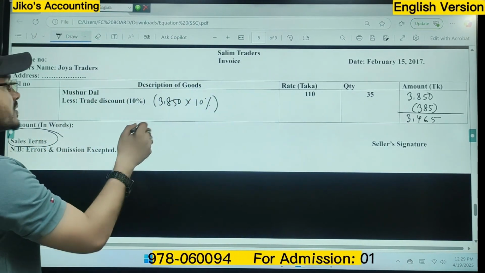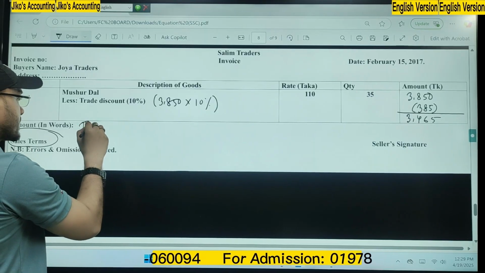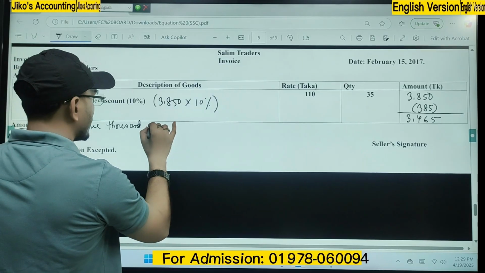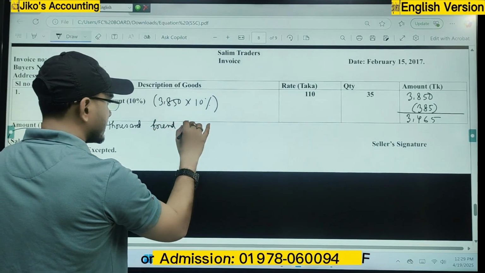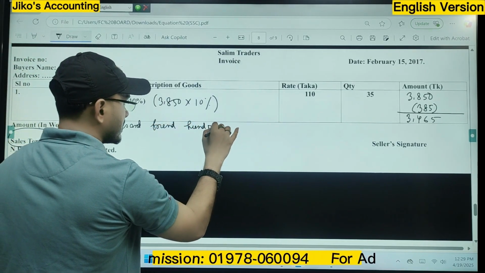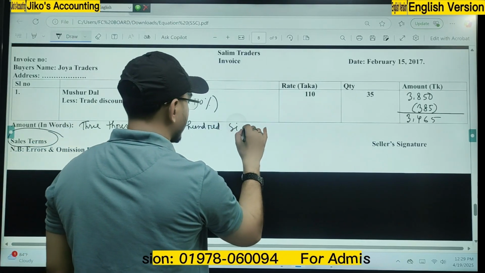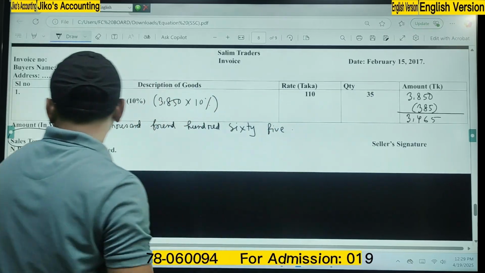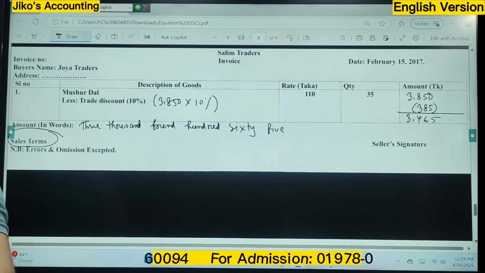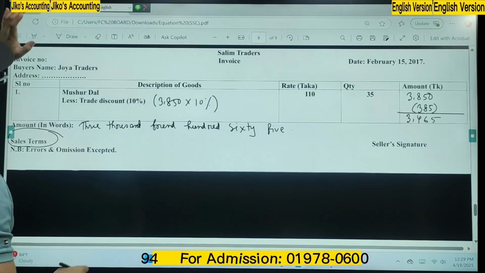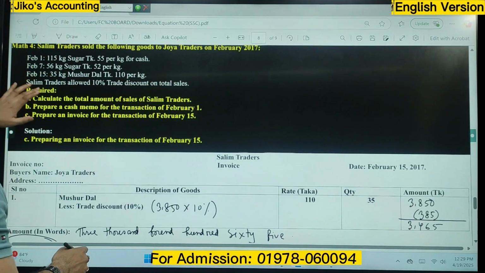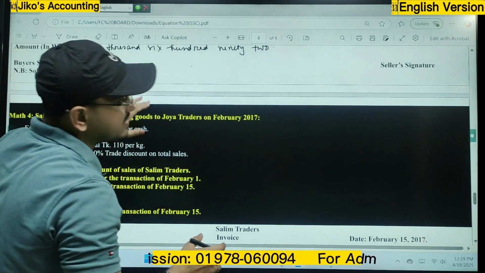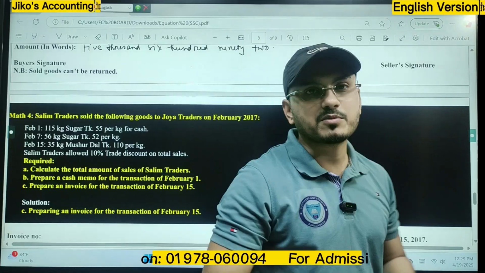Now in words we have to write down here: three thousand four hundred sixty-five. And yes, errors and omissions accepted, but here we have written no cash goods, sold goods can't be returned. Sir, that's the only difference between invoice and cash memo.